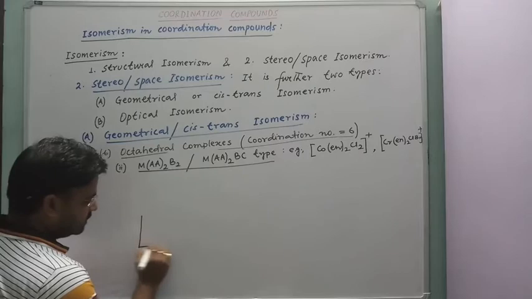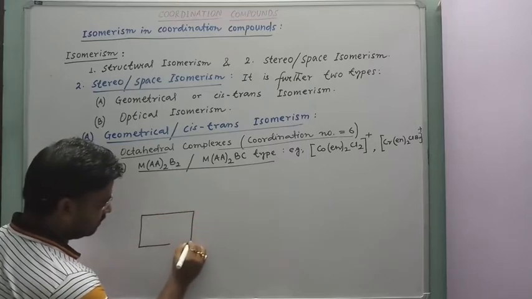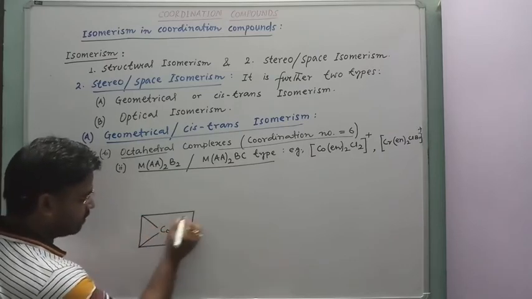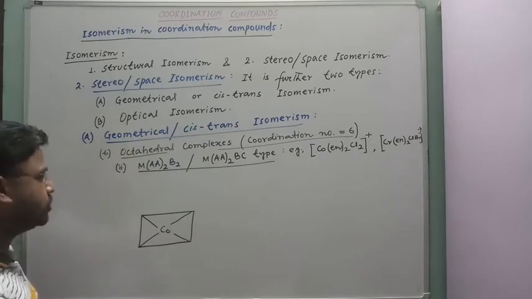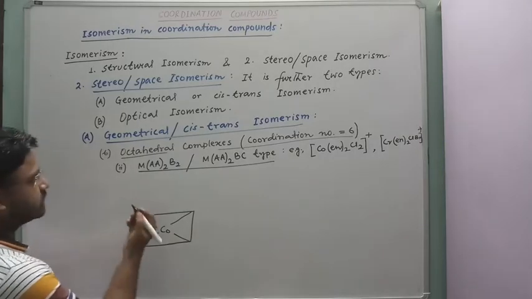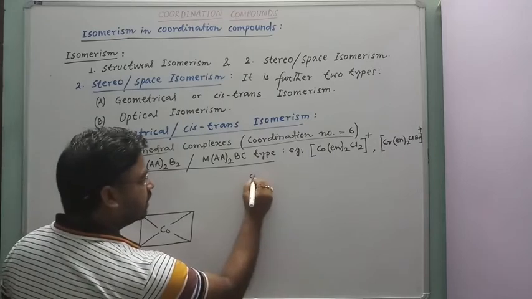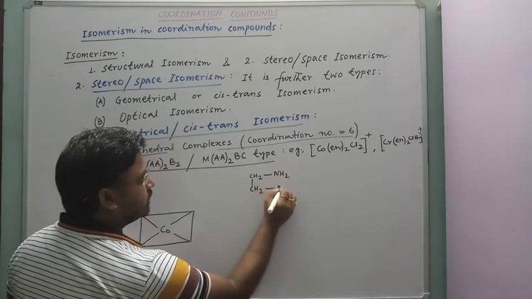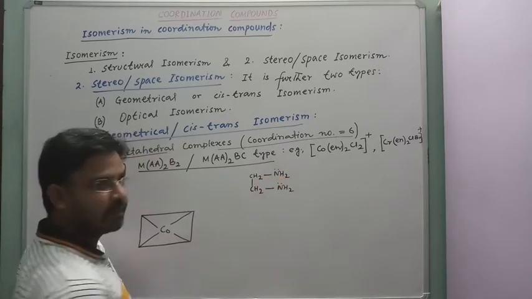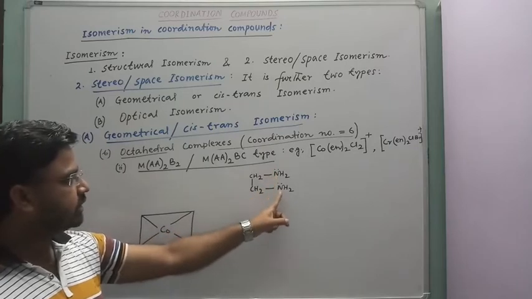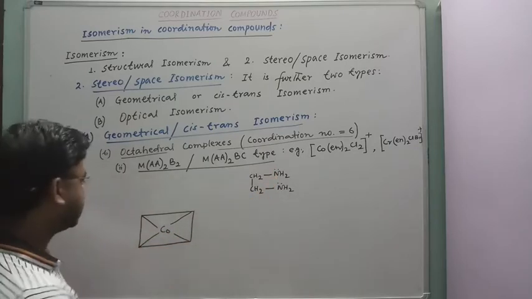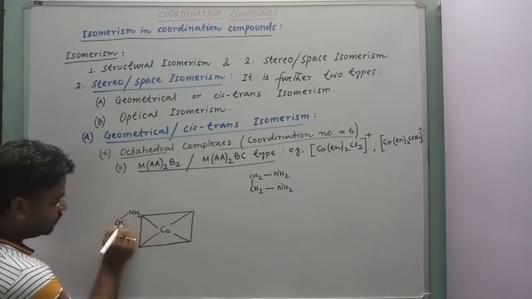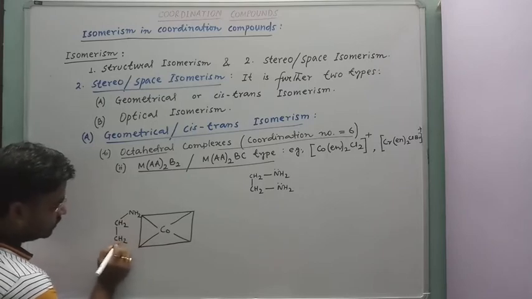Its drawing is like this. Co(en)2, so ethylene diamine. The structure of ethylene diamine is CH2 CH2 with NH2 NH2. This is ethylene diamine. So this nitrogen and this nitrogen donate their lone pair of electrons. So we can write NH2 CH2 CH2 NH2.